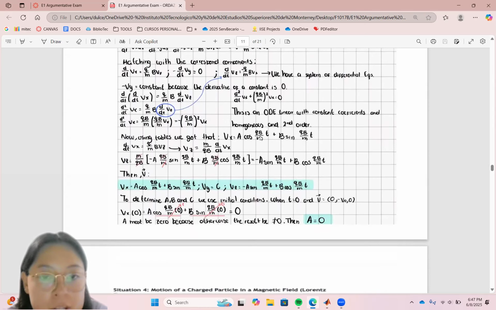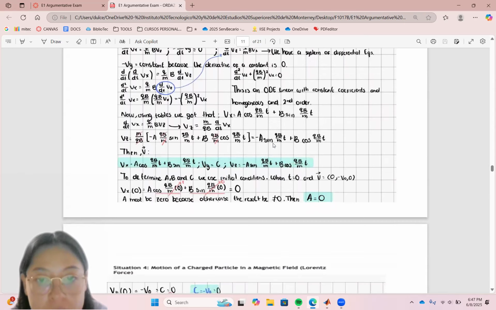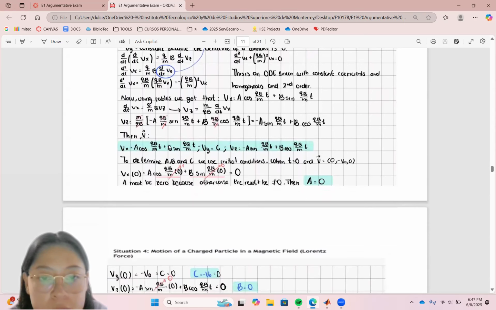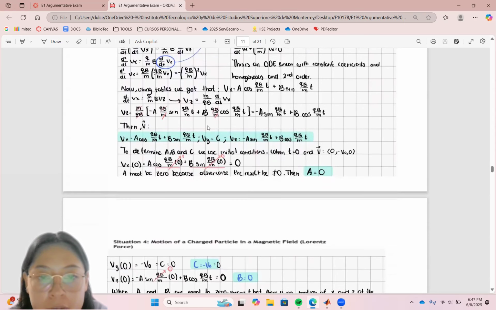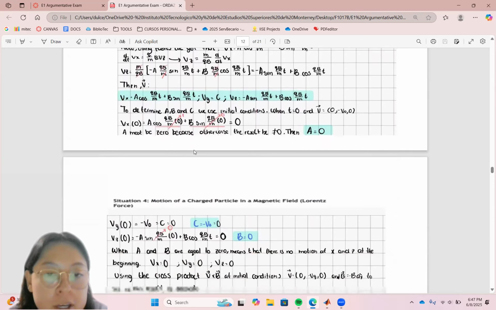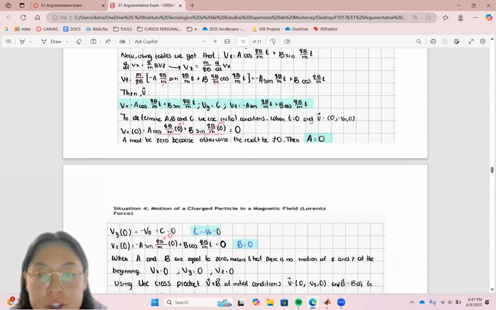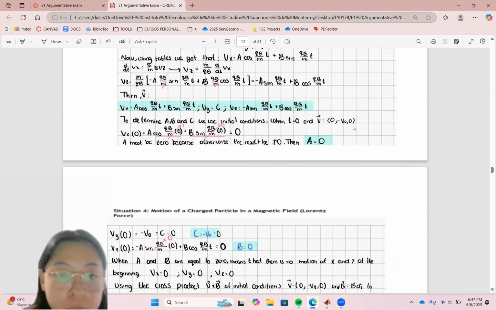Now using tables, I replace the values to obtain the Pz that is here. And then I did the same for the velocity vector. And I have here, to determine A, B, and C, I use the initial conditions, which are time equal to 0 and velocity only going in the negative direction of y.